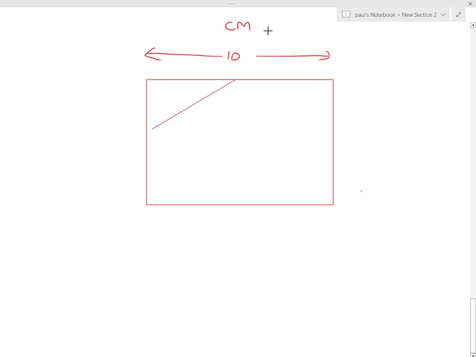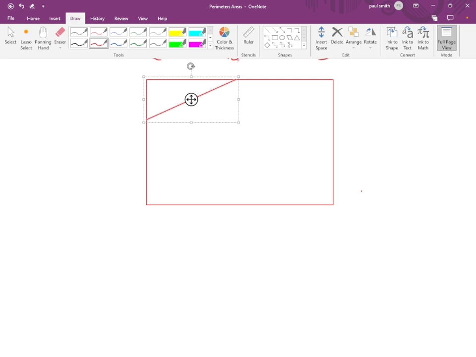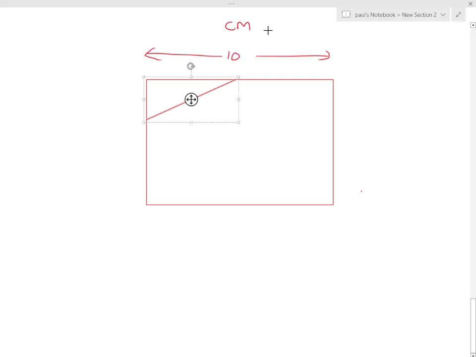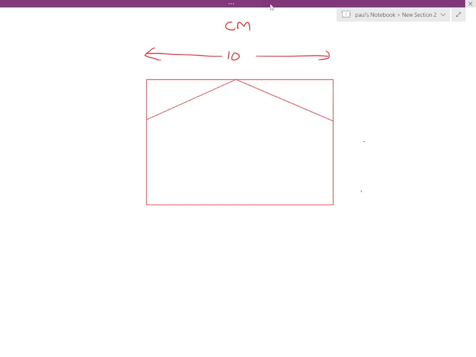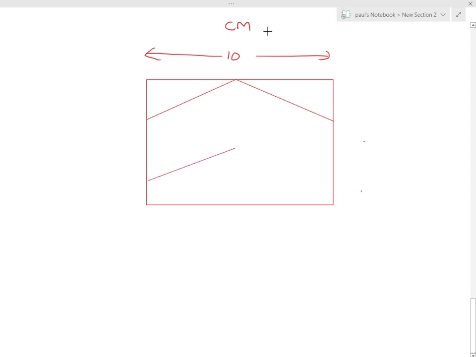From halfway, we've got that. And then we're going to do another one down there, and another one down there. Now, not to scale, so don't worry about it.